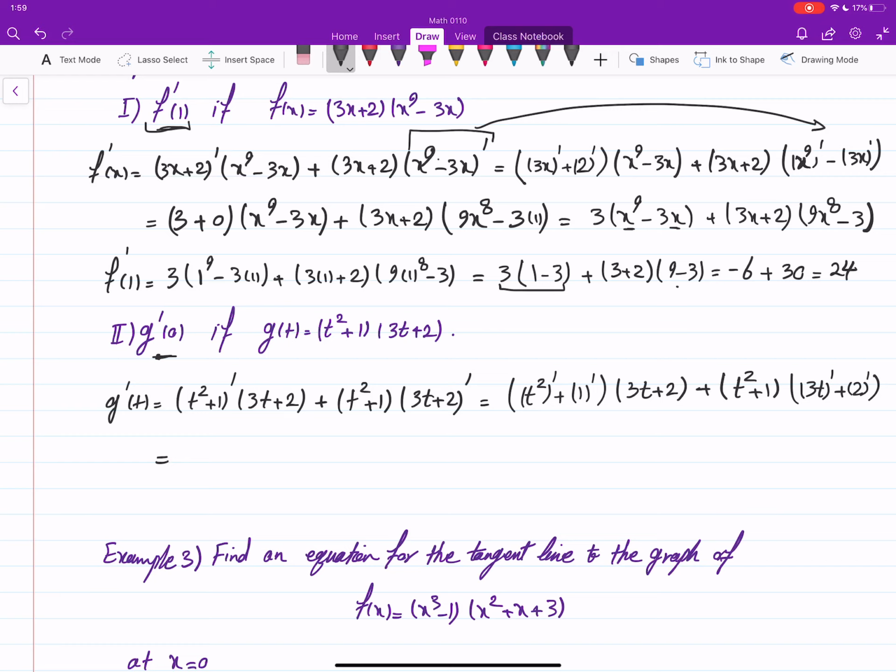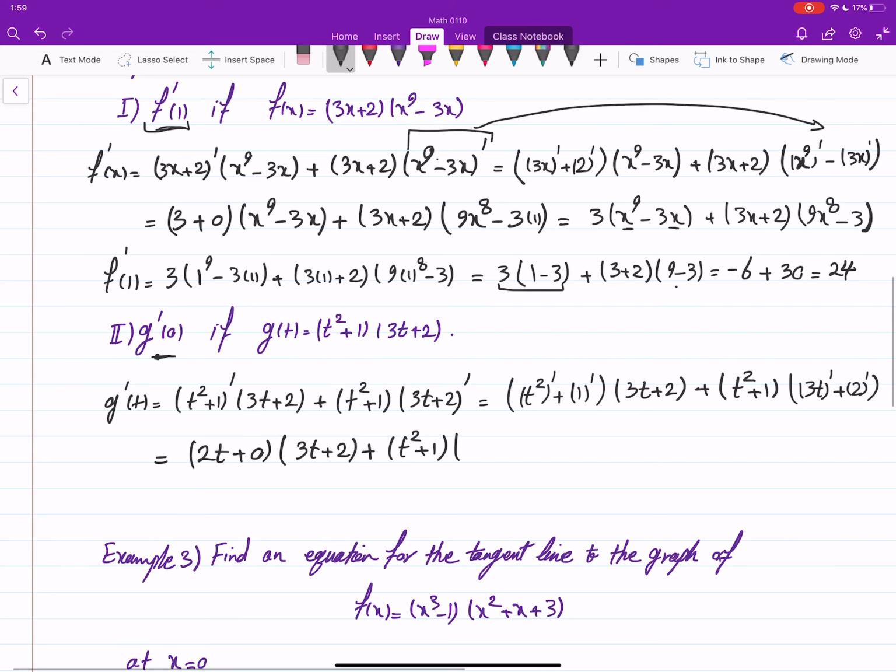What this gives us is 2t plus 0 times 3t plus 2. Add to that t squared plus 1 multiplied by the derivative of 3t, which is 3 plus 0. So we have 2t times 3t plus 2 plus t squared plus 1 times 3.